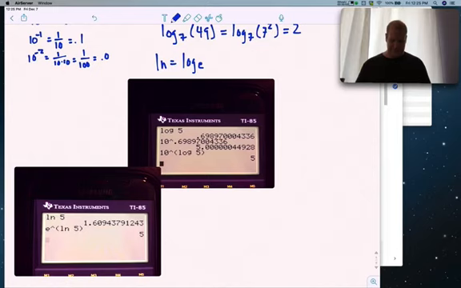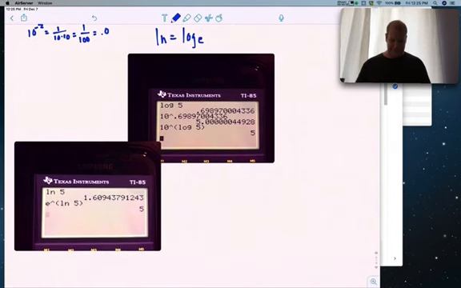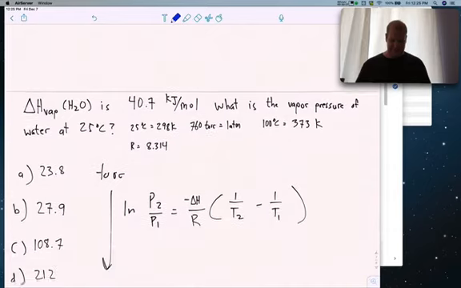There's a little bit of error there, but it's just because the calculator is taking all those digits out. But if you do it exactly, 10 to the log base 10 of 5 is 5. And same thing with the natural log, which can do the opposite of the exponential function.